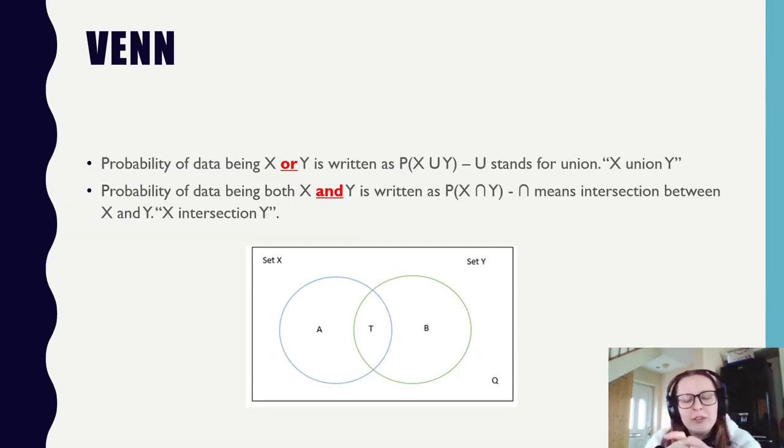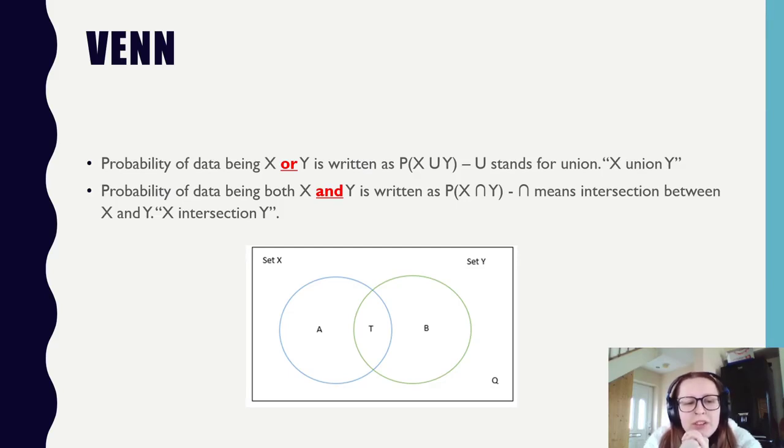So in this instance, we're talking about probability. The probability that a certain piece of data is in X or Y is written as the probability of X union Y. Don't ask me why, that confuses you.